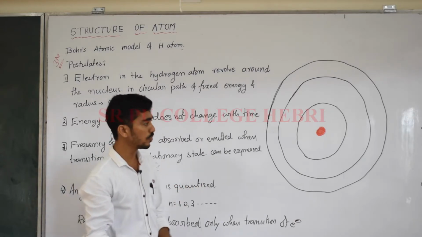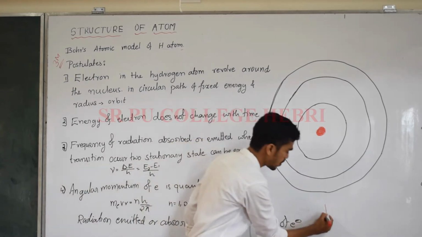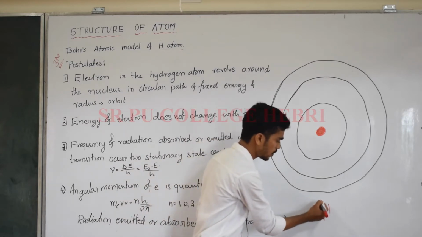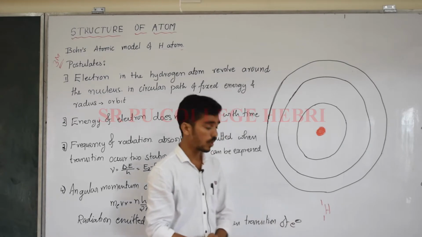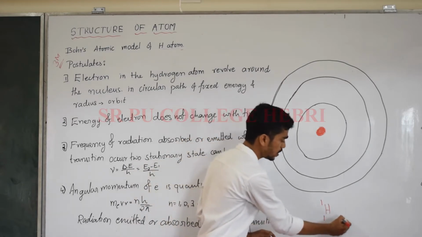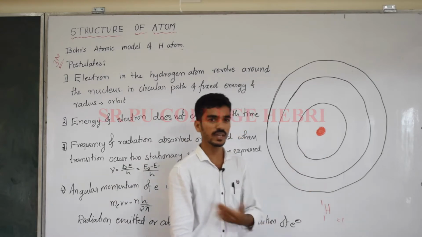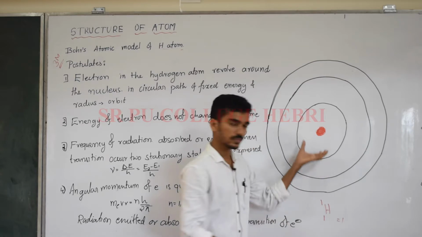Now first we'll move to hydrogen. Let us discuss a little about hydrogen. Hydrogen has 1 proton, atomic number 1, mass number 1. How many electrons are there here? 1 electron is there. And in the last class we discussed energy levels a little.